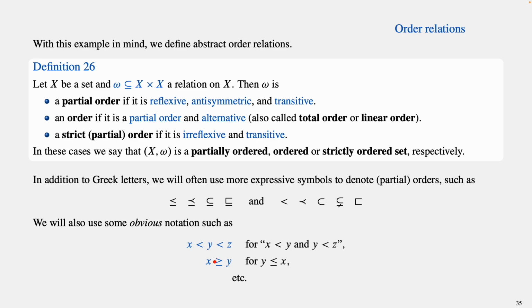Of course you could also introduce this as some kind of relation, but I will just define the notation to mean this. And some other obvious notations derived from that I don't want to go to great length to define here. You will understand them when you see them.